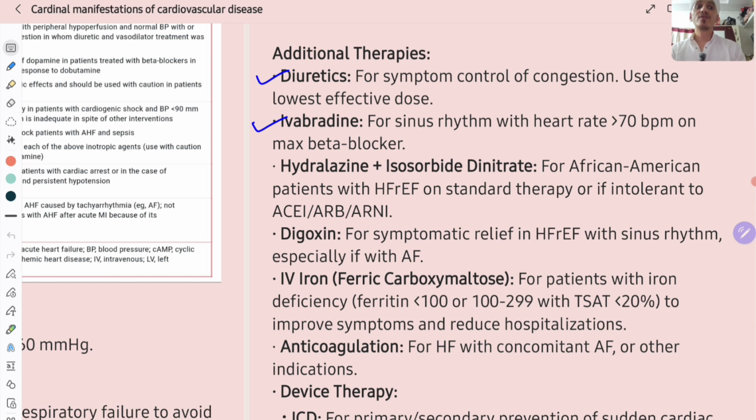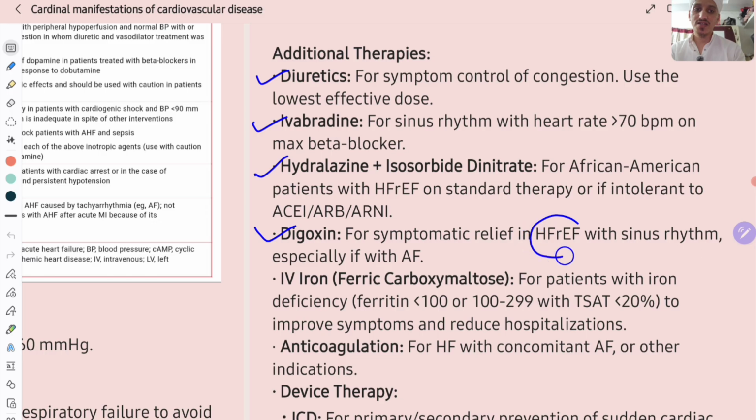When the beta blockers are contraindicated, or even after giving beta blocker the heart rate is still high. Okay. Hydralazine plus isosorbide dinitrate for African American patients with HFrEF on standard therapy or intolerant to ACE inhibitor, ARB, ARNI. Digoxin for symptomatic relief in HFrEF with sinus rhythm, especially with AF.